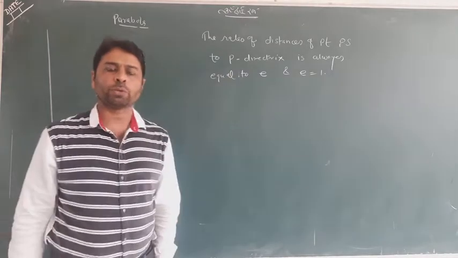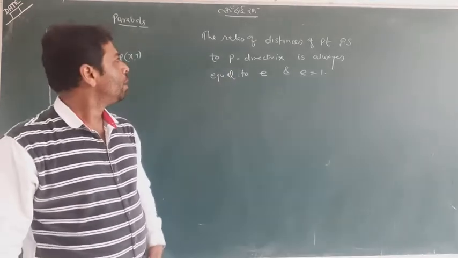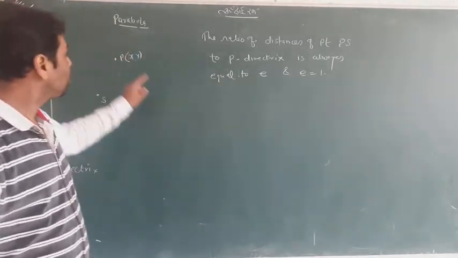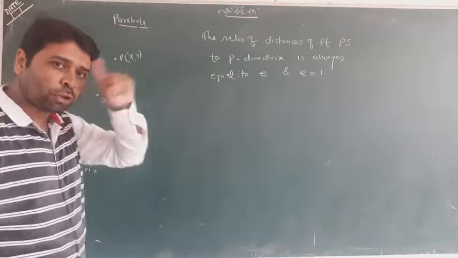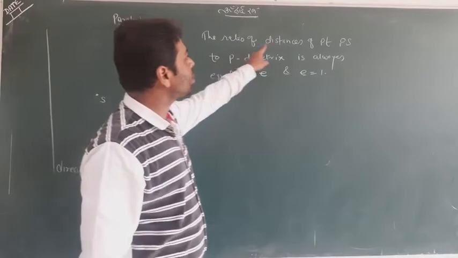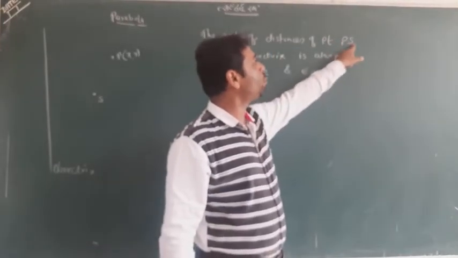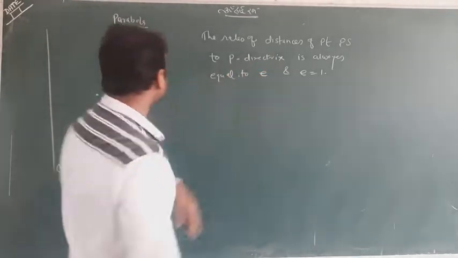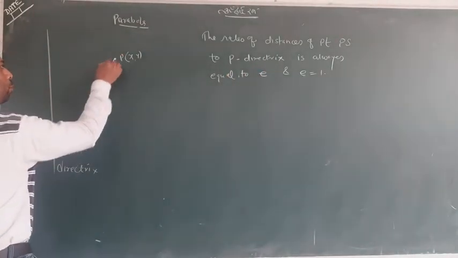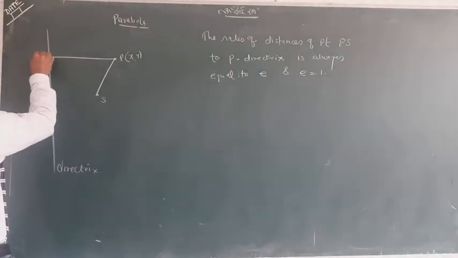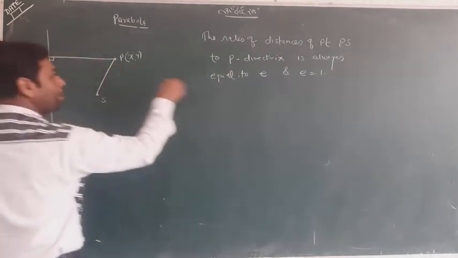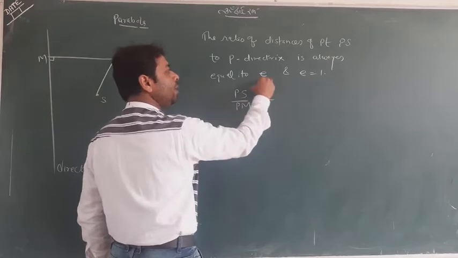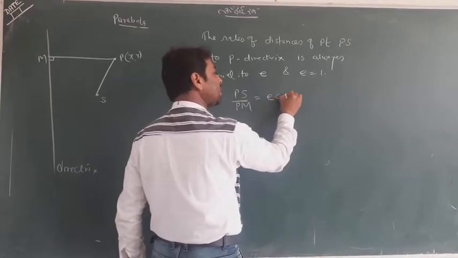Now don't get confused. Let me explain something. I just tell you the locus of point P, meaning we are finding the movement of P, such that the distance from P to S and from P to the directrix, PS and PM, that ratio is called E. E is actually called eccentricity.